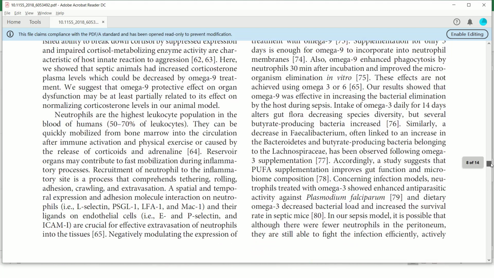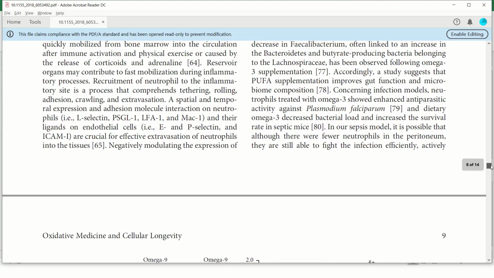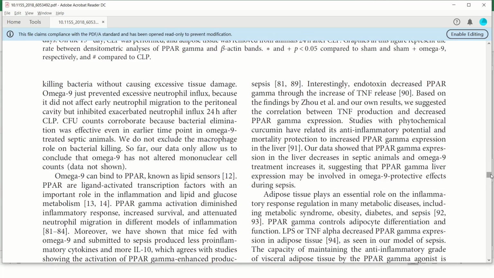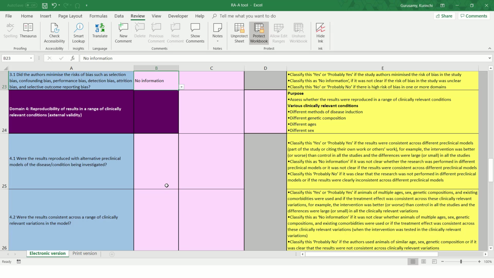Okay, they don't seem to have done any reproducibility test. So if it's not clear whether the research performed was definite, and it was not clear if the results were consistent across different preclinical models, we don't know. The authors have not provided that information.